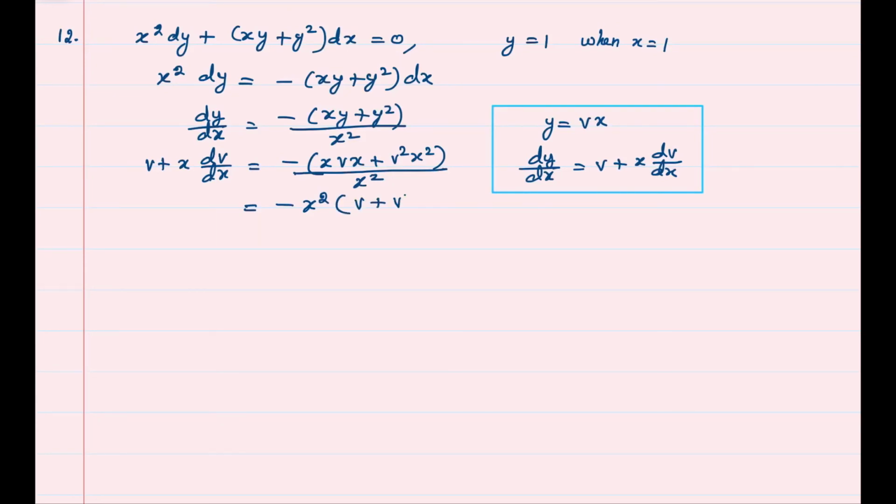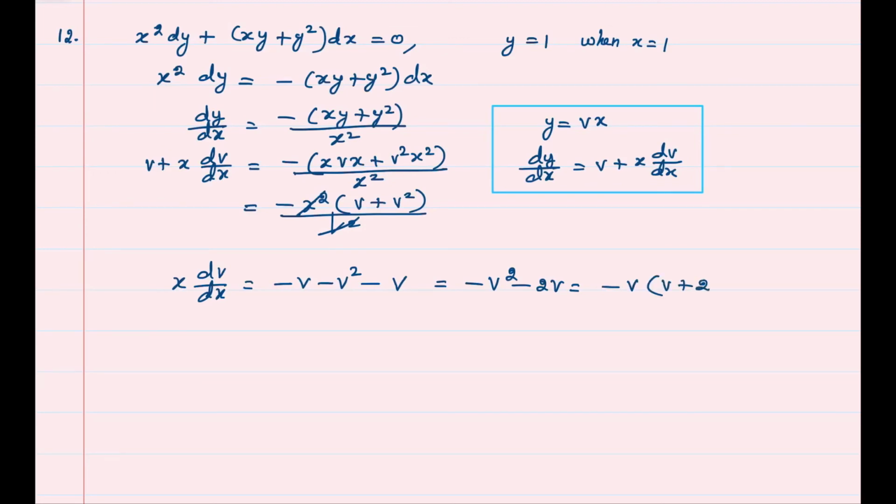We get minus (v plus v square). Therefore, x dv by dx is minus v square minus v minus v, which is minus v square minus 2v, minus v times (v plus 2).